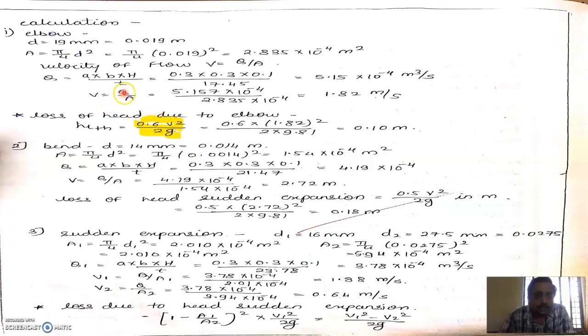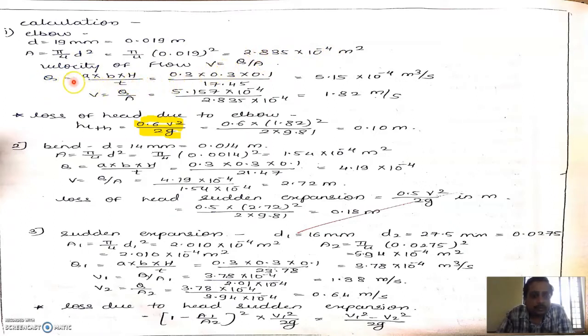What is v? v equals Q by A. So first we need to find the Q value, then the A value. First let us find the A value. They have given the diameter of the elbow itself. By using that diameter and the formula pi by 4 d square, you get the area of that section. Now what we need to do?